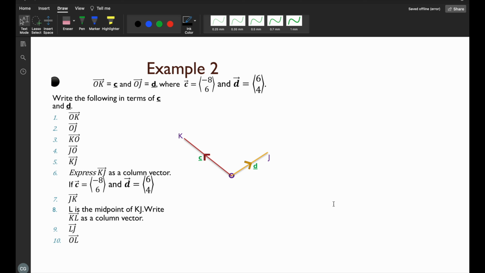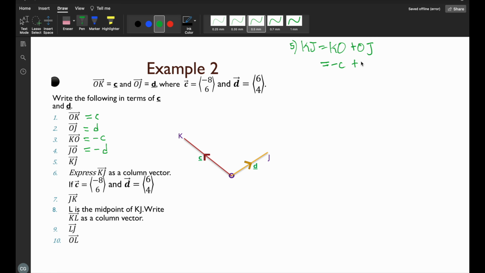So the first part, OK, is basically represented by C. Then OJ is D. And KO, so K to O: since O to K is C, that means KO must be minus C. And if OJ is D, that means JO must be minus D. So KJ is K to O, because we're going from K to O, then O to J. K to O is minus C, plus OJ.